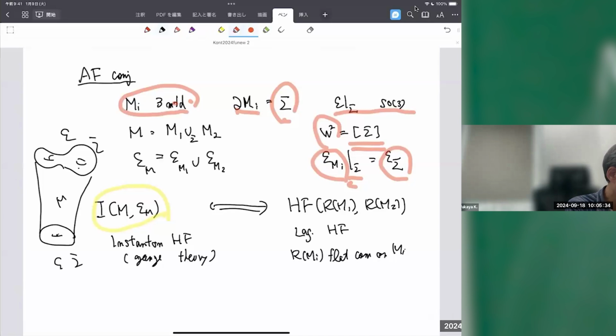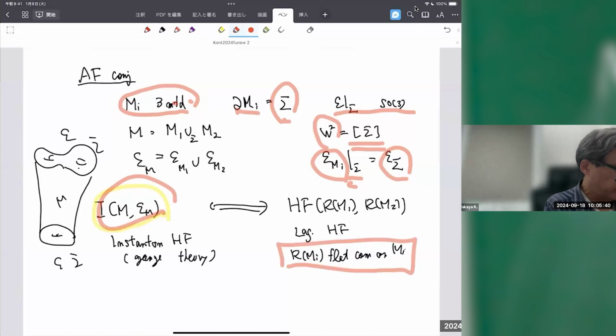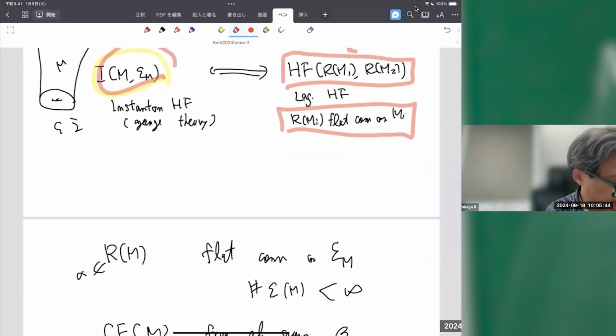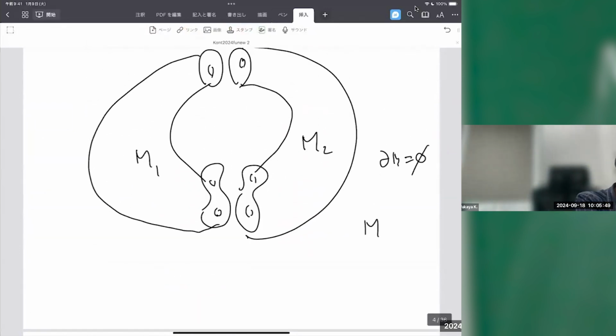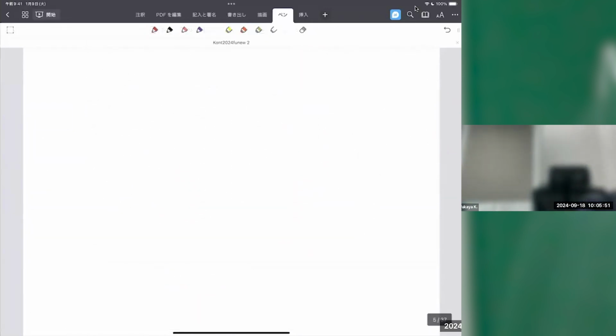That's on one side. And on the other side, we consider the moduli space of flat connections on M and we take the Lagrangian Floer homology. So what is this? We take R of sigma.